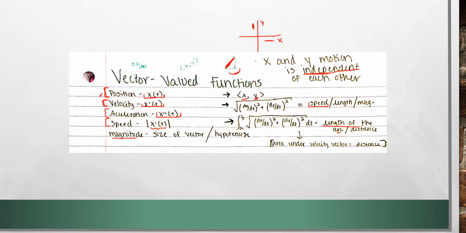And what's also interesting that we can see from this formula is that when we are given a velocity graph, the area under the velocity vector will be the distance that the particle, or whatever you're determining, has gone.